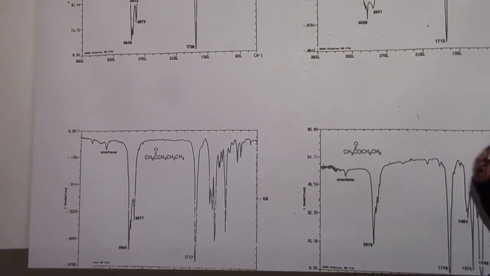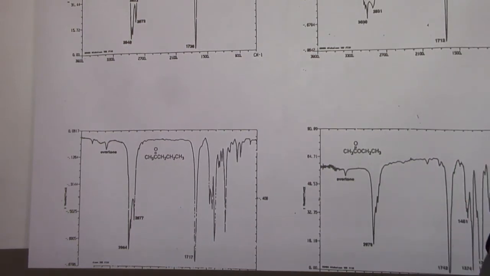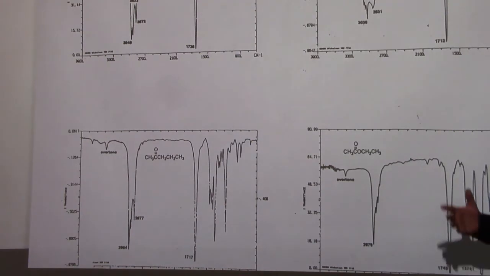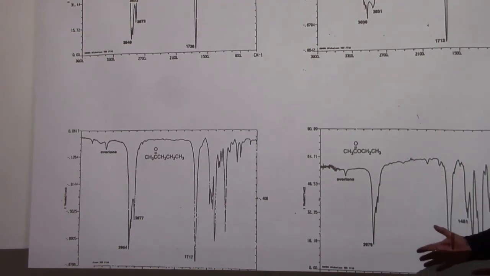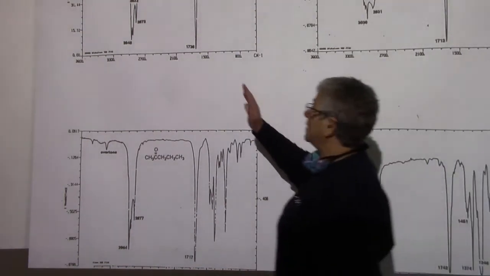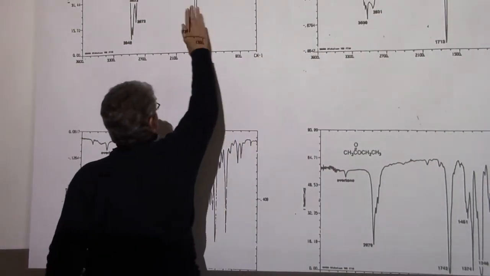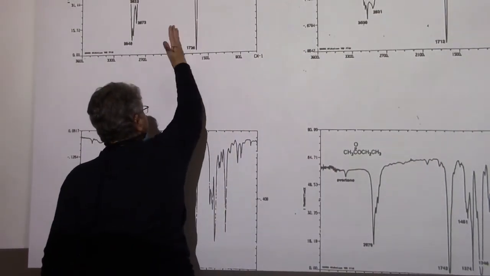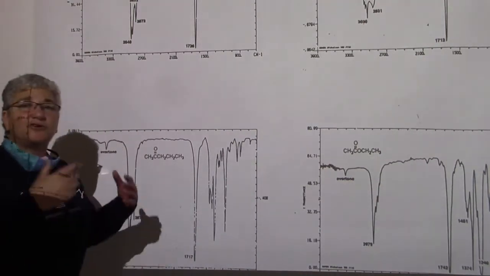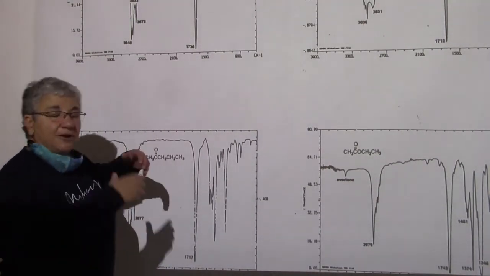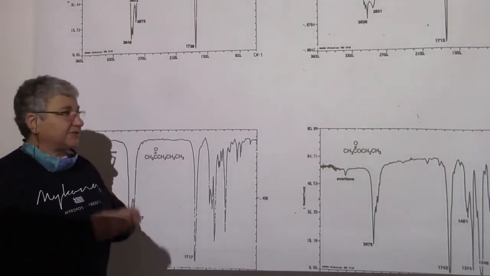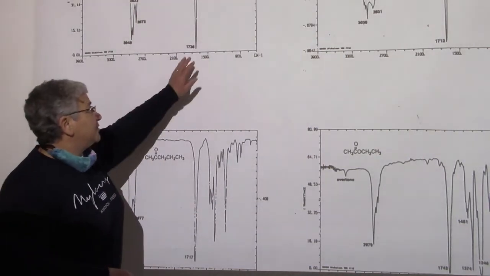You need to be able to look at a spectrum and instantly determine whether that molecule has a carbonyl or not. Because you're going to see, again, fingerprints here. The only thing that absorbs 1650 to 1850 is your carbonyl. And they're distinctive stretches. They're deep, and you can spot them.